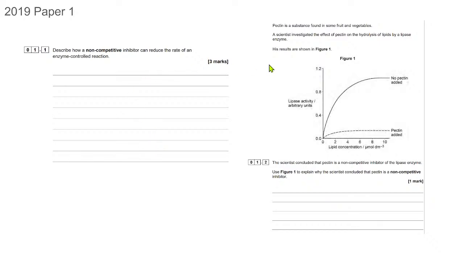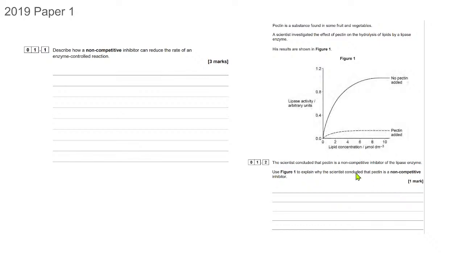So here you've got pectin, found in some fruit and veg, which acts as an inhibitor, I believe. The suggestion is that it's an inhibitor for your lipase enzyme. Use figure 1 to explain the scientific results, whether you think it is or isn't a non-competitive inhibitor.